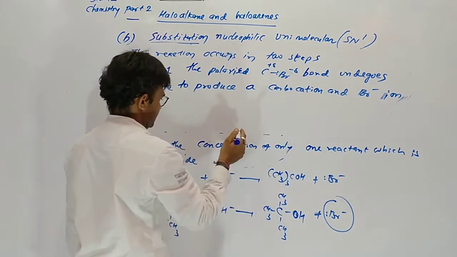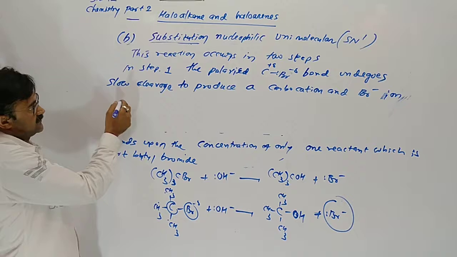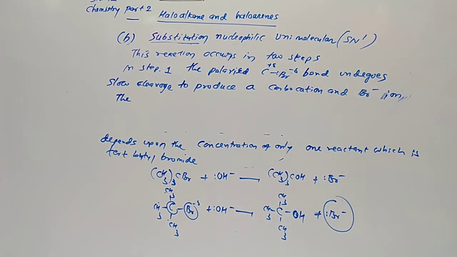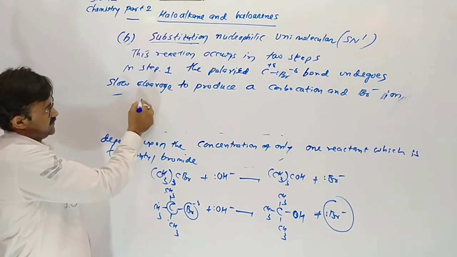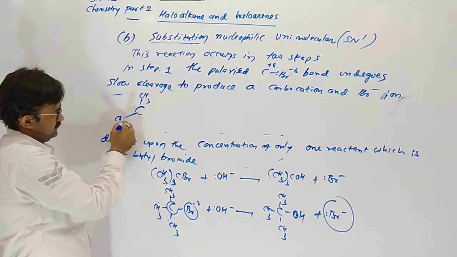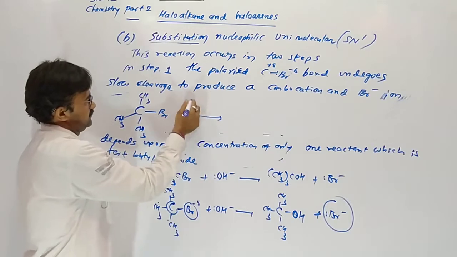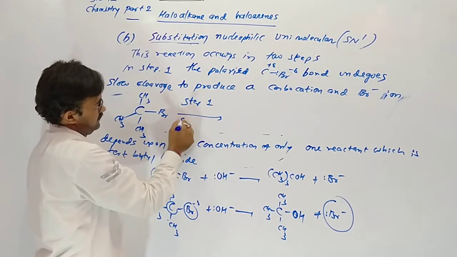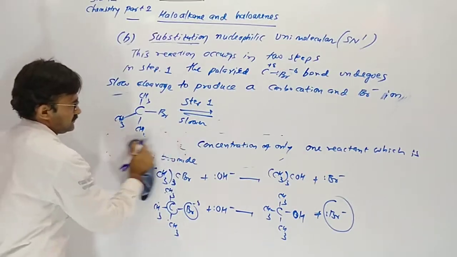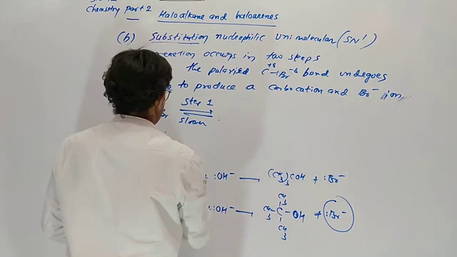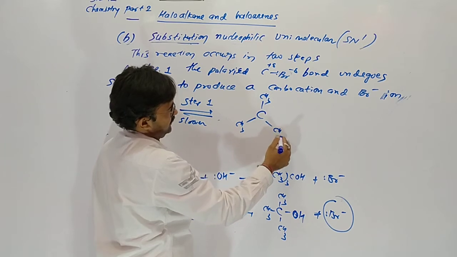Bromide ion, yes. The carbocation thus formed, first of all, in the first step, which is reversible and a slower one, gives a tertiary carbocation.